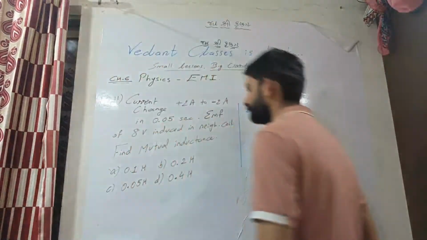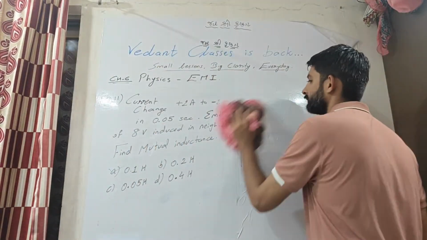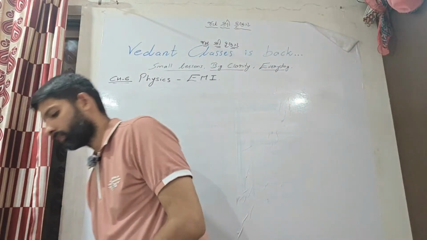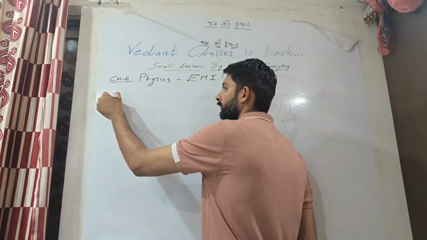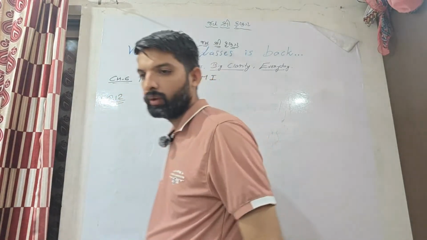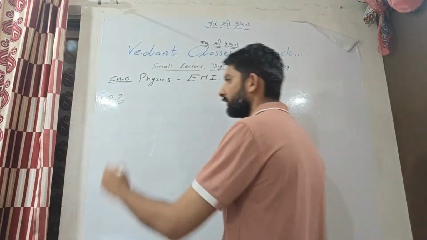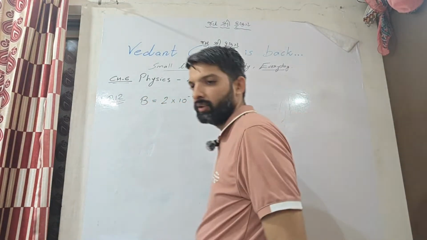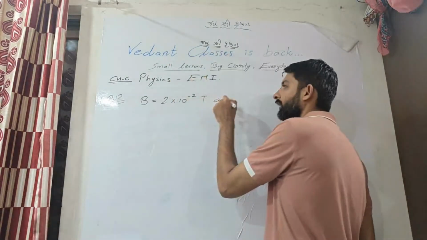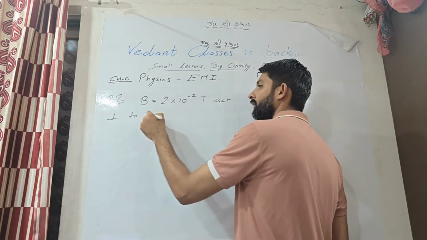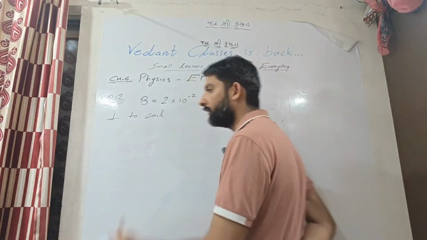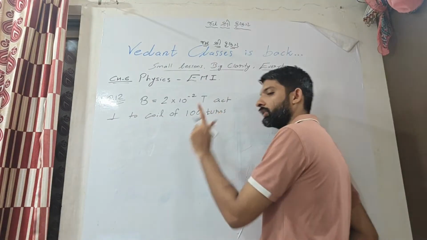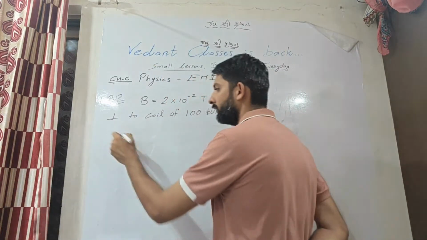Okay, let's see one more. Question 12. Magnetic field B is given as 2 into 10 power minus 2 Tesla, acting perpendicular to a coil having 100 turns, and area of 100 centimeter square.